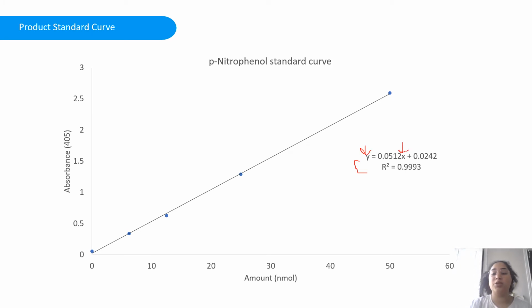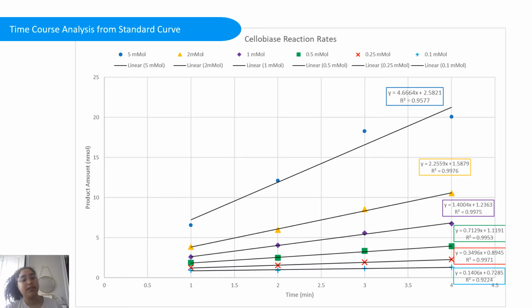So basically we do a reverse equation, and from that we can find the product being made at each of the time courses. Then we can graph them with product amount on one axis and time on the other, and using the slope for each of the different concentrations of substrate, we can find the reaction rate.